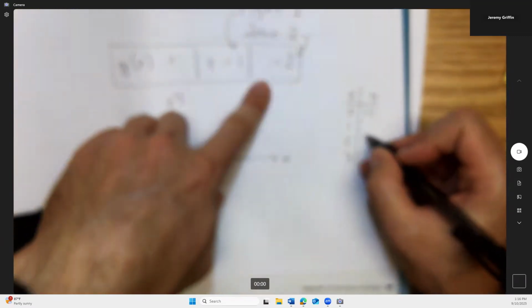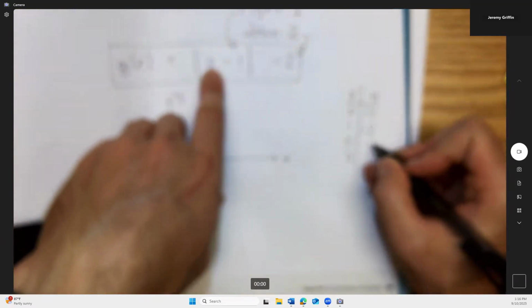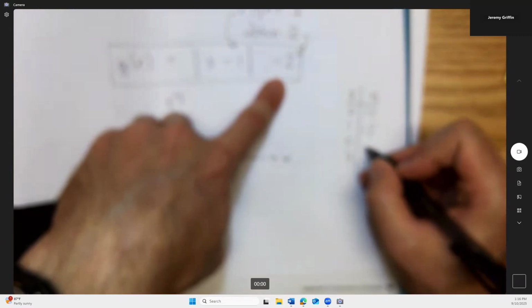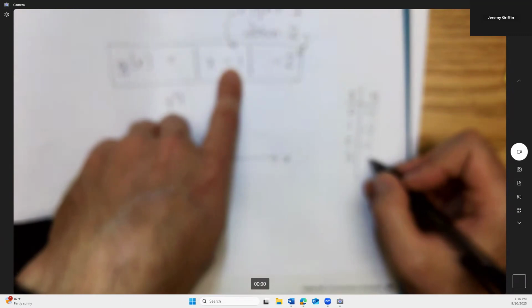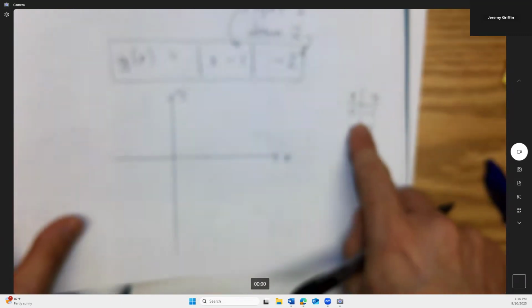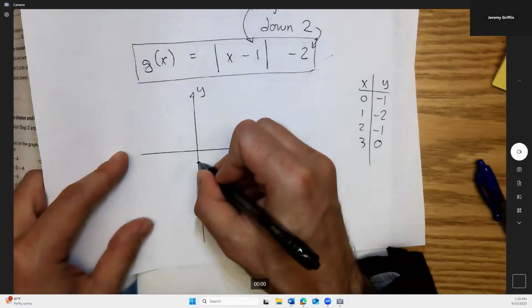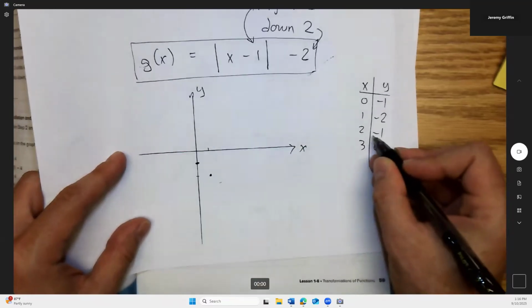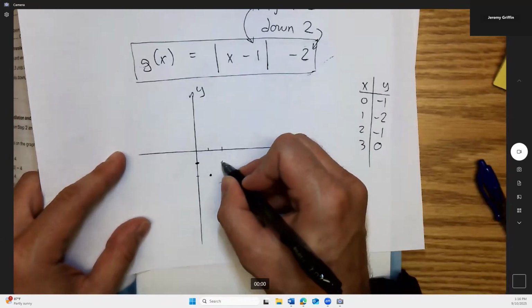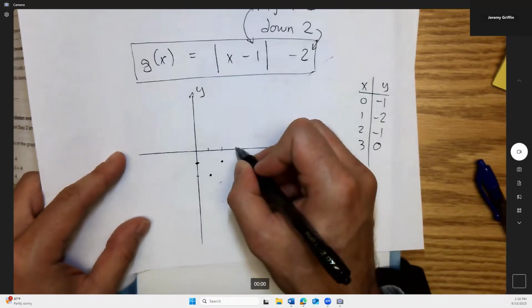If I plug in 1, this is 0, minus 2 is negative 2. 2 minus 1 is 1, minus 2 is negative 1. If I plug in 3, 3 minus 1 is 2, minus 2 is 0. So if I plot this point 0, negative 1, right there, 1, negative 2, 2, negative 1, 3, 0.